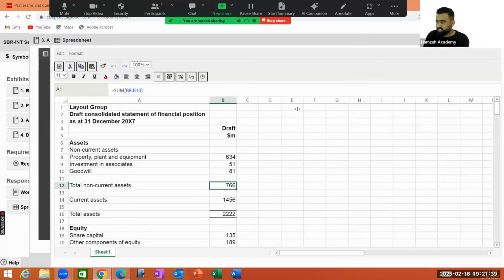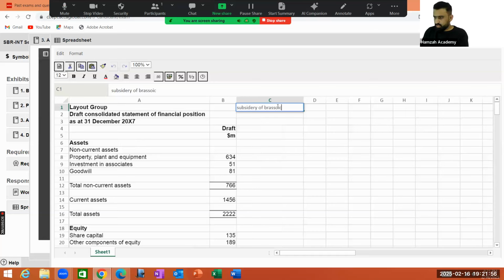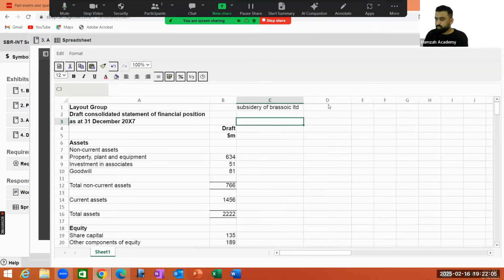In this draft balance sheet, we need to place the adjustments, and the first category will be the adjustment relating to the subsidiary, Brassico Limited. As a subsidiary, we need to eliminate the subsidiary from the financial position, and we need to account for the associate company.